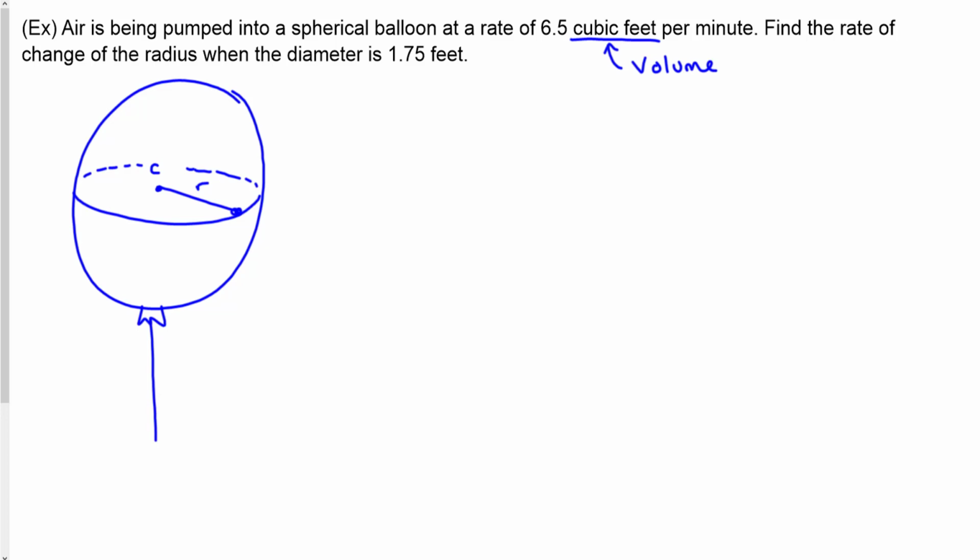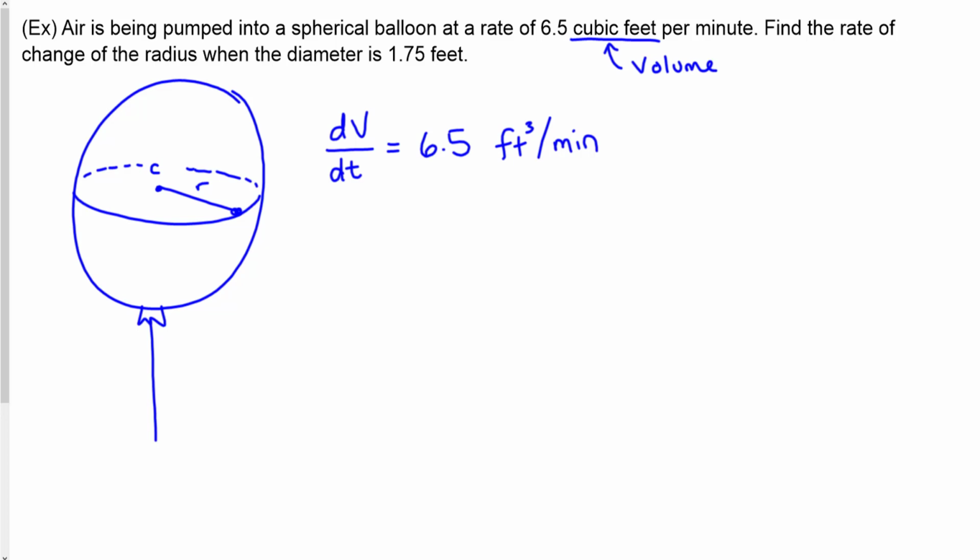So the rate of change of the volume, dV dt, is equal to 6.5 cubic feet per minute. All right, so that's that first piece of information that's given to us.